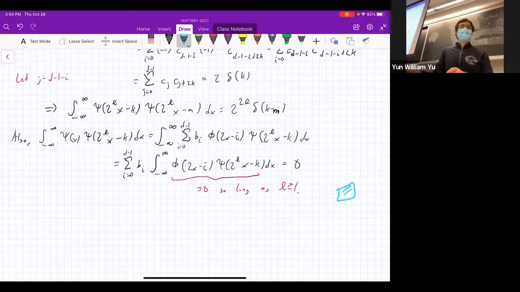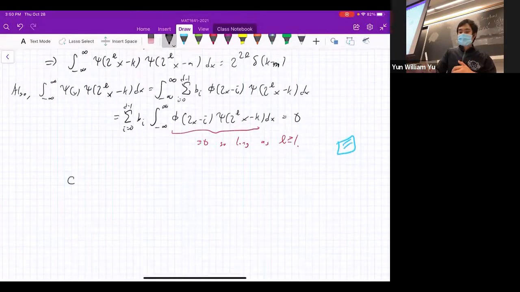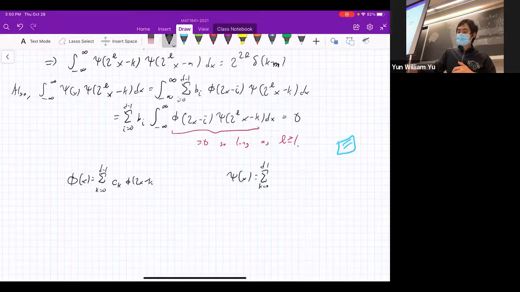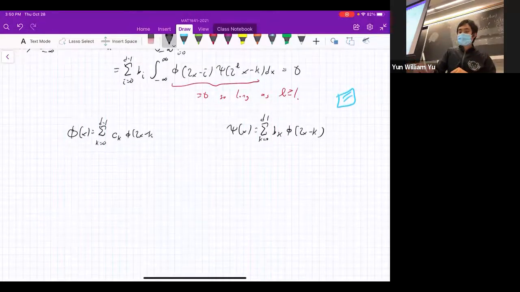So basically, to recap, we have both necessary and sufficient conditions to guarantee an orthonormal basis set of wavelets if we have that phi(x) is equal to the sum from k equals 0 to d minus 1 of c_k phi(2x - k), and we have psi(x) equal to the sum from k equals 0 to d minus 1 of b_k phi(2x - k). And of course, we have the conditions that we talked about last time. So the sum from k equals 0 to d minus 1 of c_k is equal to 2.